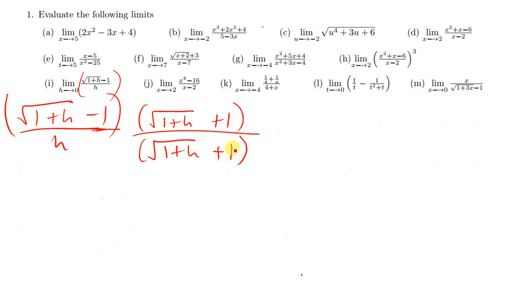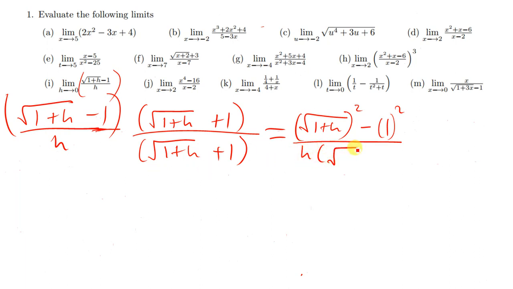plus 1. So after simplifying that, remember we have the same things in both brackets, except that there is a difference in signs between the first one here and the second. We have a minus there, we have a plus there, which implies that this is the difference of 2 squares. So we can write it like that. Everything divided by h times the root of 1 plus h plus 1.